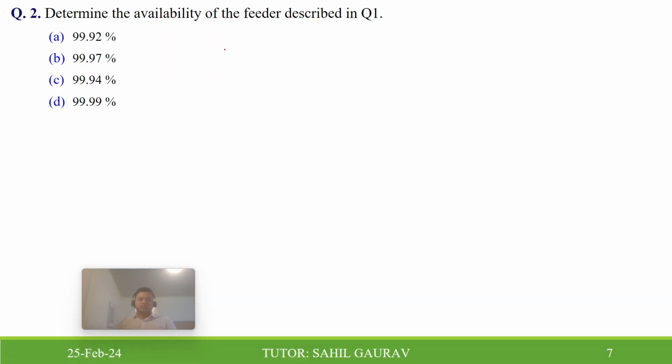Availability of any component, we know, is the ratio of mean time to failure to the mean time between failure.